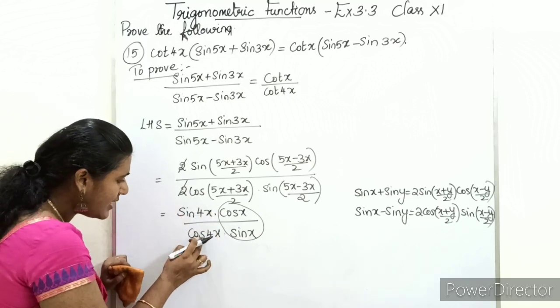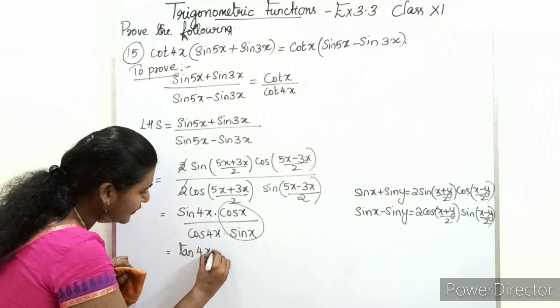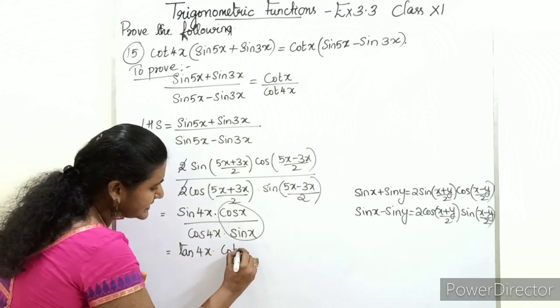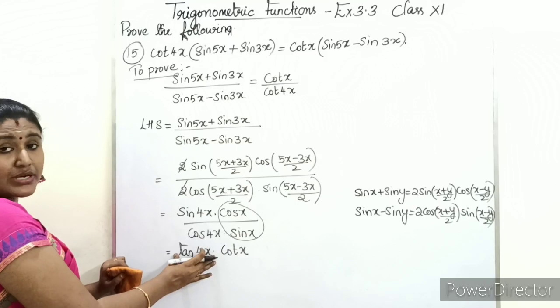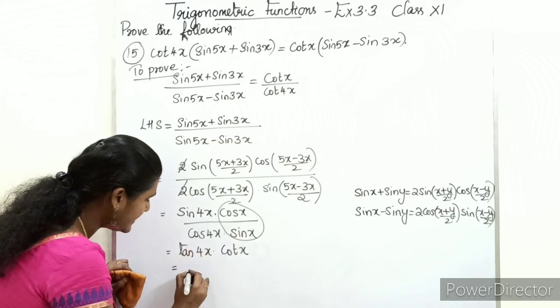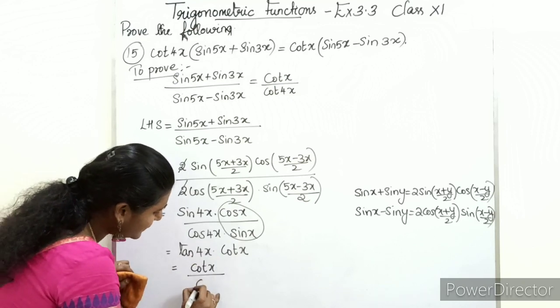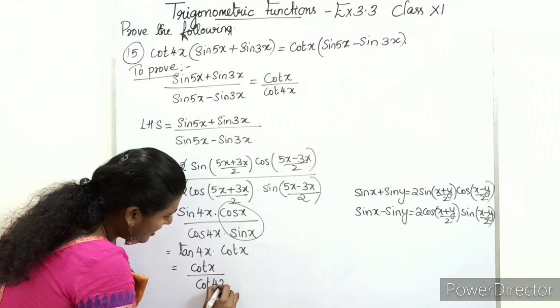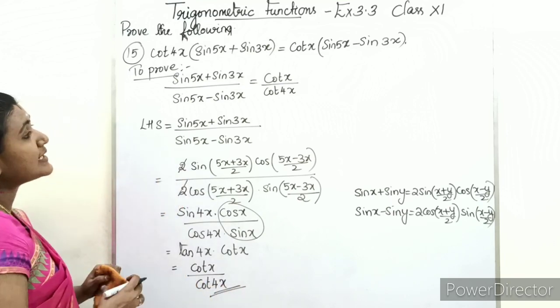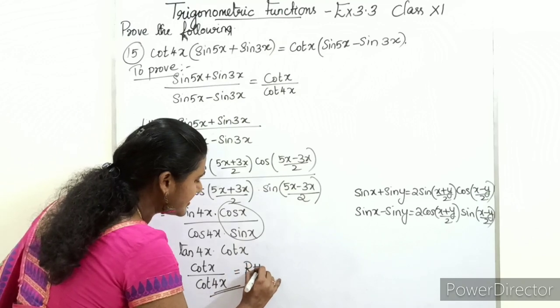Here sin by cos is tan 4x, so tan 4x into cot x. Now tan 4x we can write as 1 by cot 4x. So we can write cot x by, instead of tan 4x we write 1 by cot 4x. So cot x by cot 4x, this is the expression in the RHS.